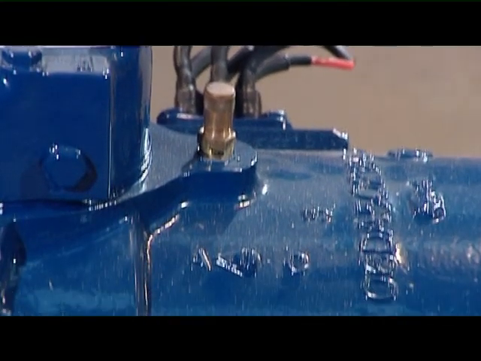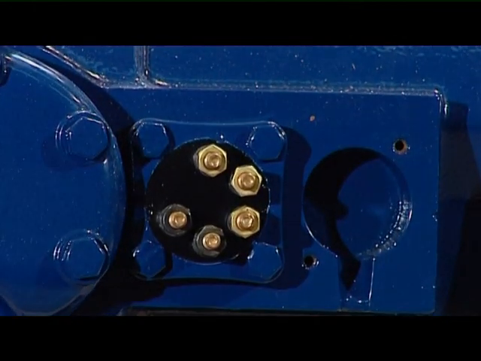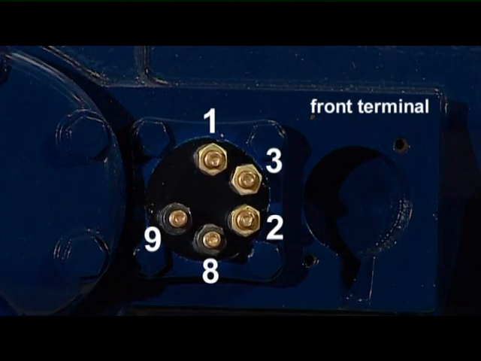The front terminal should be connected as follows: 1, 2, 3 are the 3 phases, 8 and 9 are the internal protector white wires.